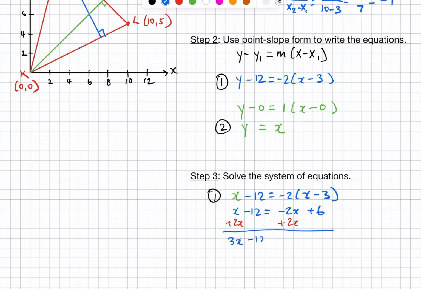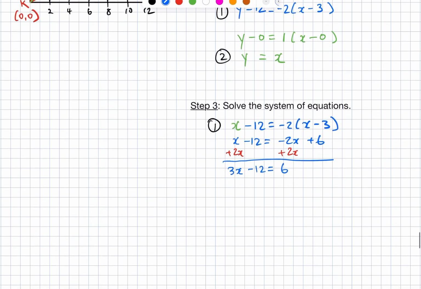3x minus 12 is equal to 6. Okay, and then we want to move this negative 12 to the other side, and to do that we're going to add 12 to both sides, and when we do, we're left with 3x. These cancel out on this side of the equation, and on the right side we get 18.